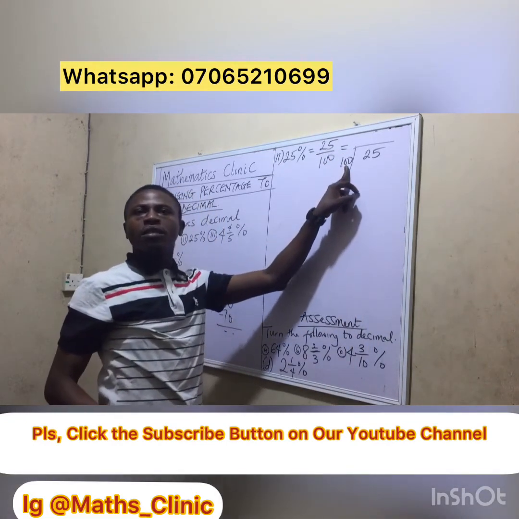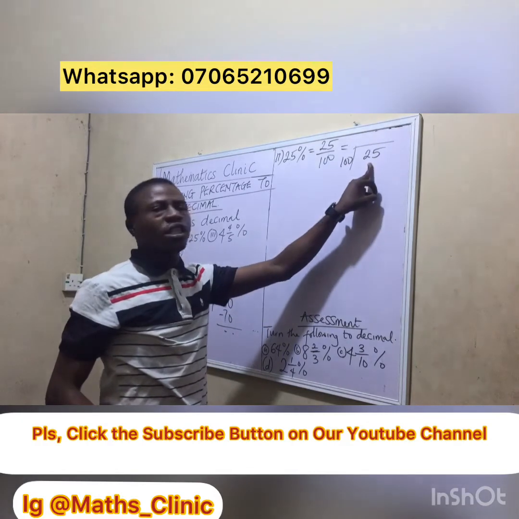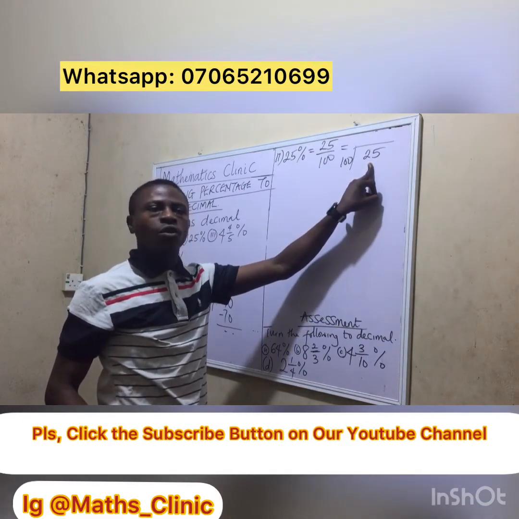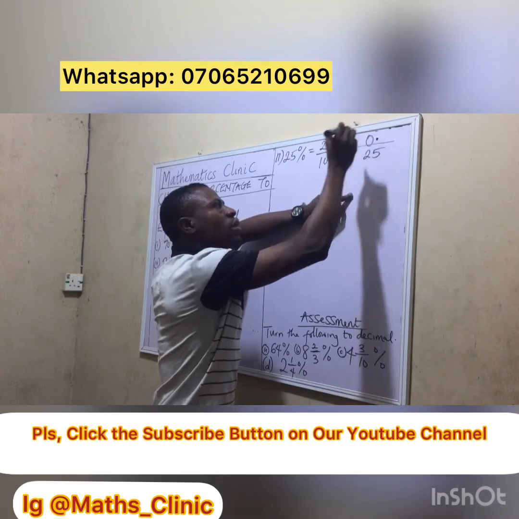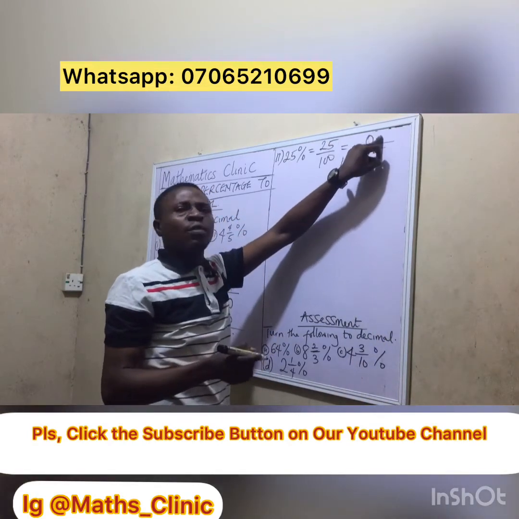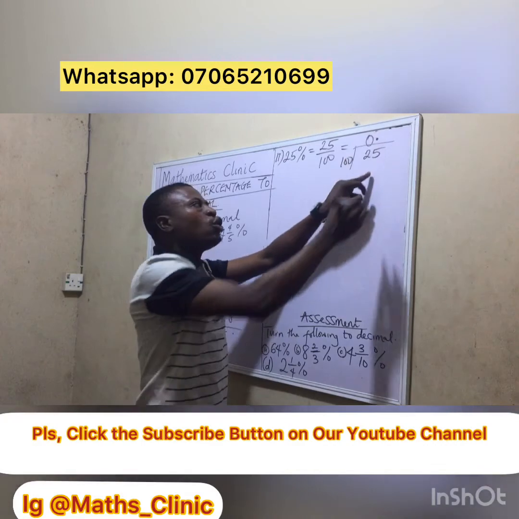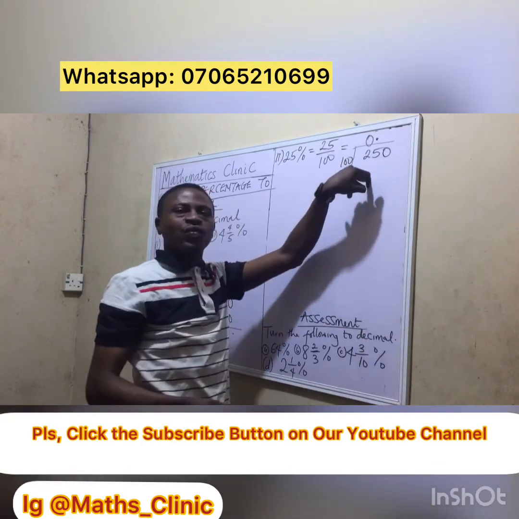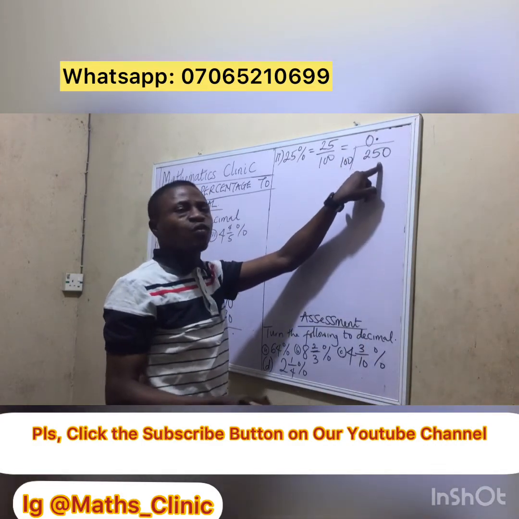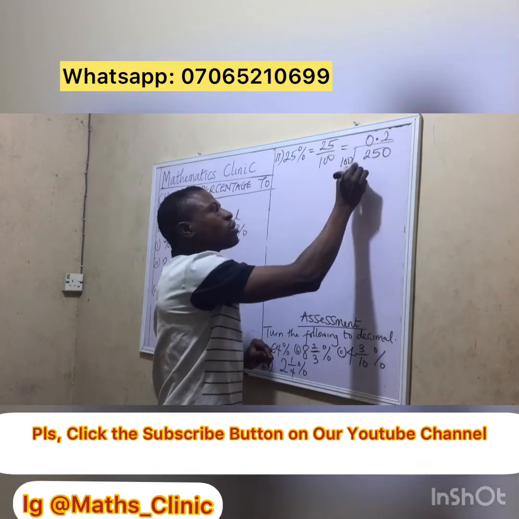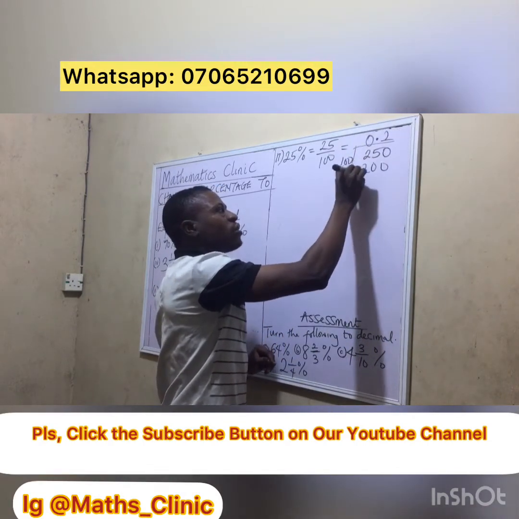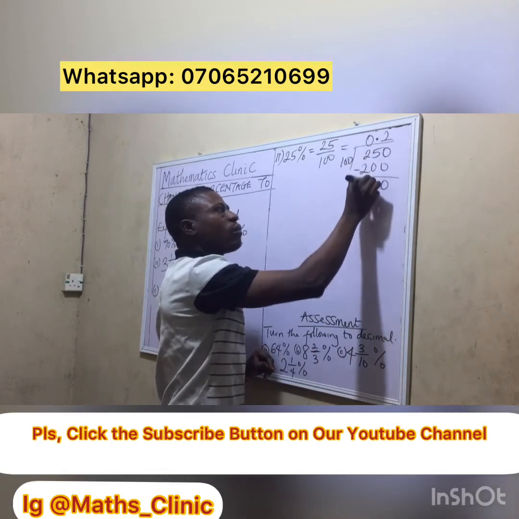How many 100 can you see in 25? That's impossible. You write 0 and put a decimal point. And this decimal point, I told you, indicates that you should add 0 to this place. That will give you 250. How many 100 can you see in 250? That's 2. 100 times 2 is 200. Minus it. That's 50.